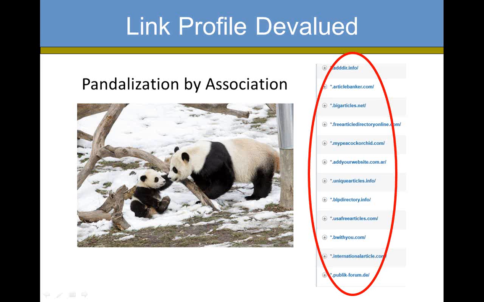When you look at these sites, look at the domain name and you'll see the word article in there a lot. And we know that article directories were a major target for Panda because they're known for low quality, thin content, and they're known for plastering ads all over. So the point of it is you don't want to have too many links from sites that were Pandalized, or else you may experience Pandalization by association.